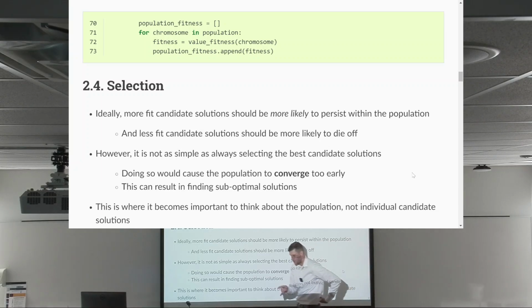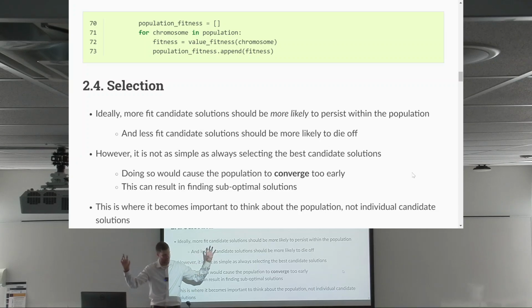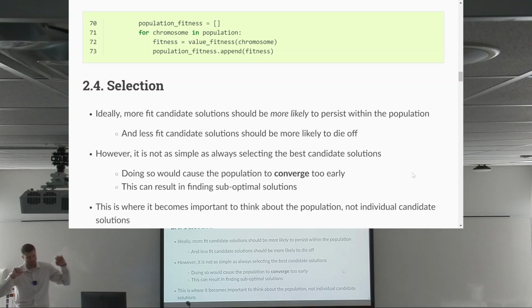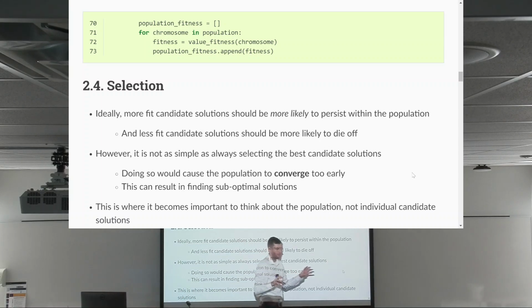But there's a catch, because in evolutionary computation, there are two major forces at play that make evolutionary algorithms work, but they're also in conflict with one another. The one force is how exploratory the search is.